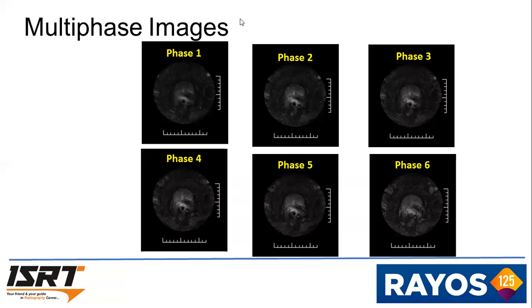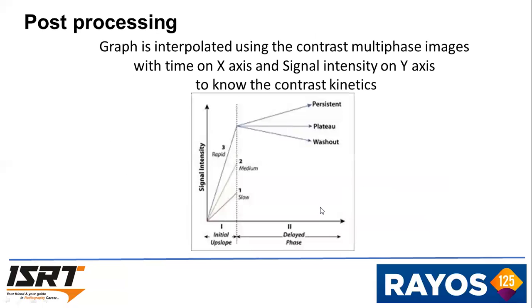Here we can see images at different phases. Here we took 6 phases: 1, 2, 3, 4, 5, and 6. Some post-processing is also required.